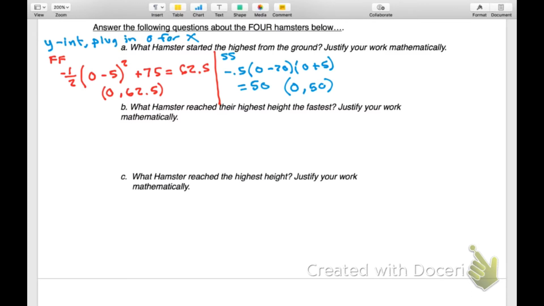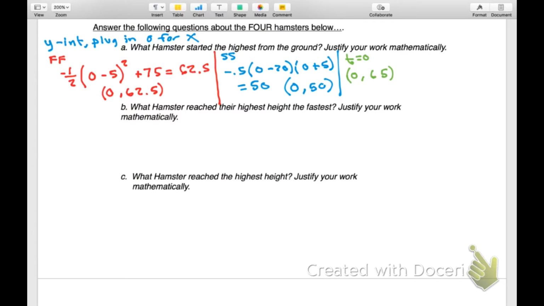Now looking at hamster 3, we're given that chart. On the chart, we go to where t equals 0, because again, we're plugging in 0. When t equals 0, this hamster is 65 feet in the air. We just plucked that information out of the chart. We didn't have to do any math, we just had to read the chart.